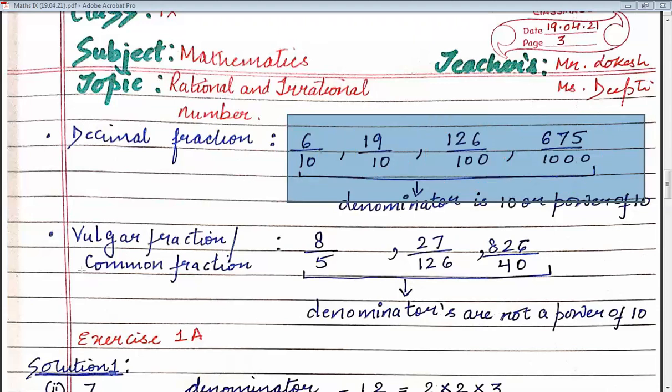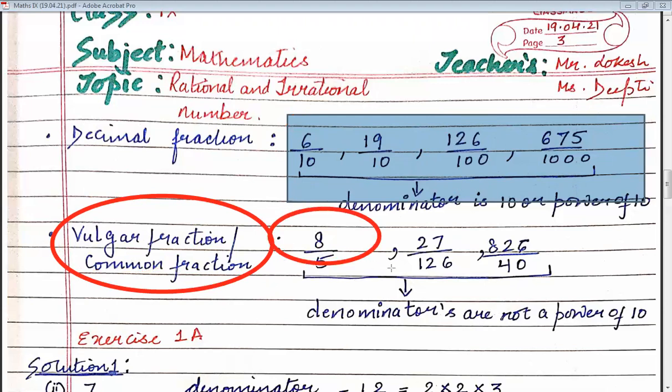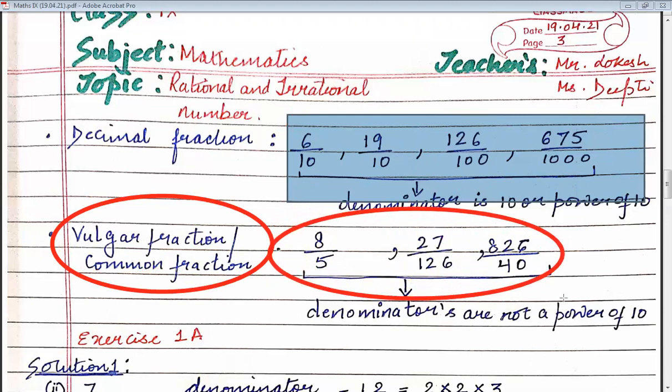Now let's see another topic, that is vulgar fraction, or you can call it a common fraction. It's again very easy. If the denominator is not a power of 10, then that fraction is called a vulgar fraction. So what are vulgar fractions?